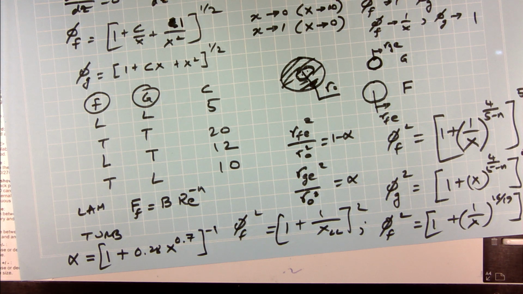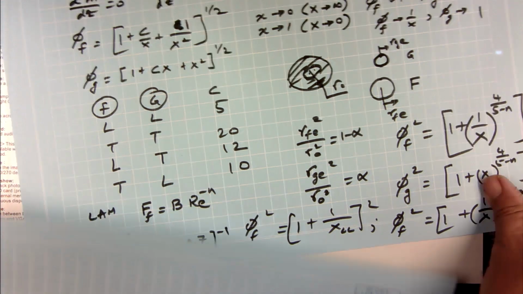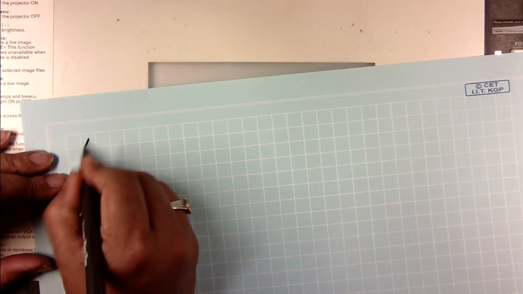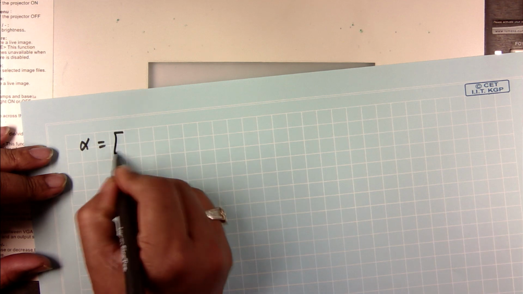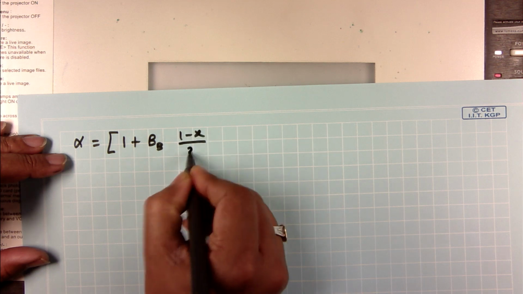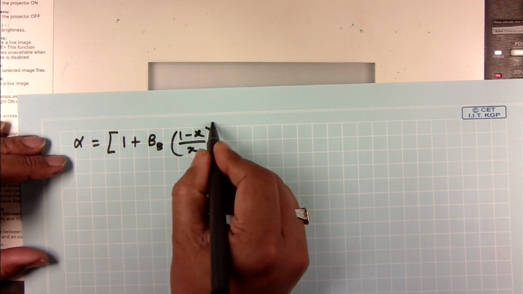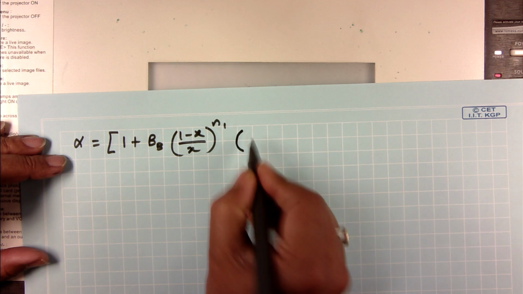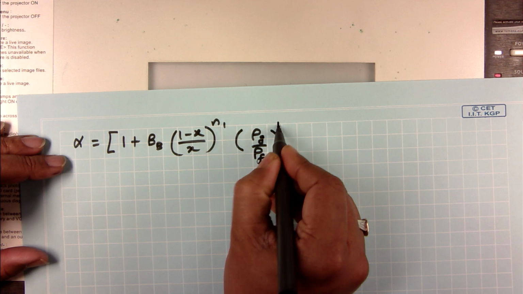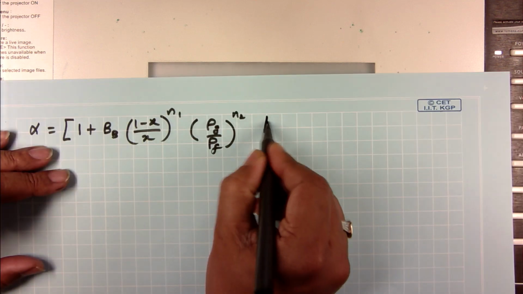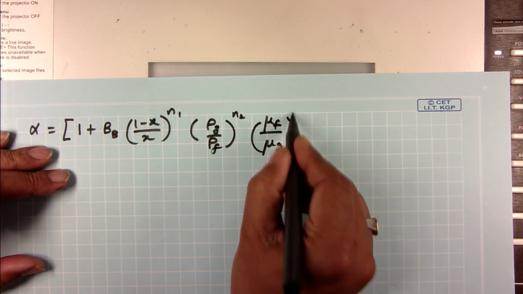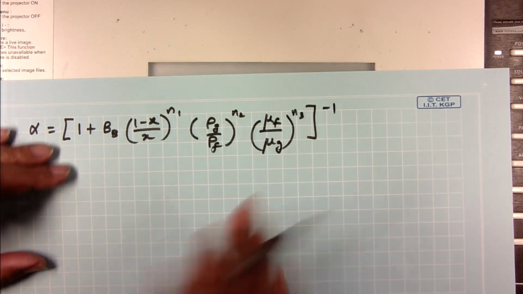So, the Butterworth correlation goes something like this: your alpha is equal to 1 plus a constant B times ((1 - x)/x) to the power of n1, times (rho g divided by rho f) to the power of n2, and then (mu f divided by mu g) to the power of n3, whole thing to the power of minus 1.